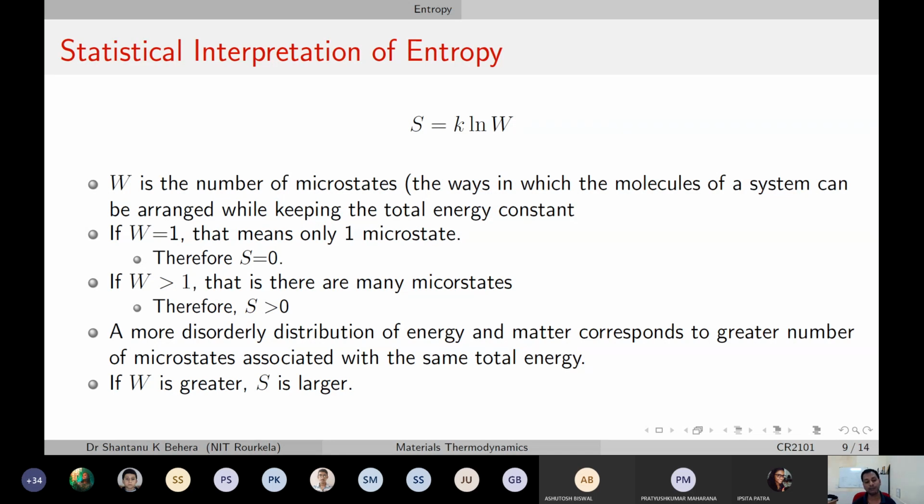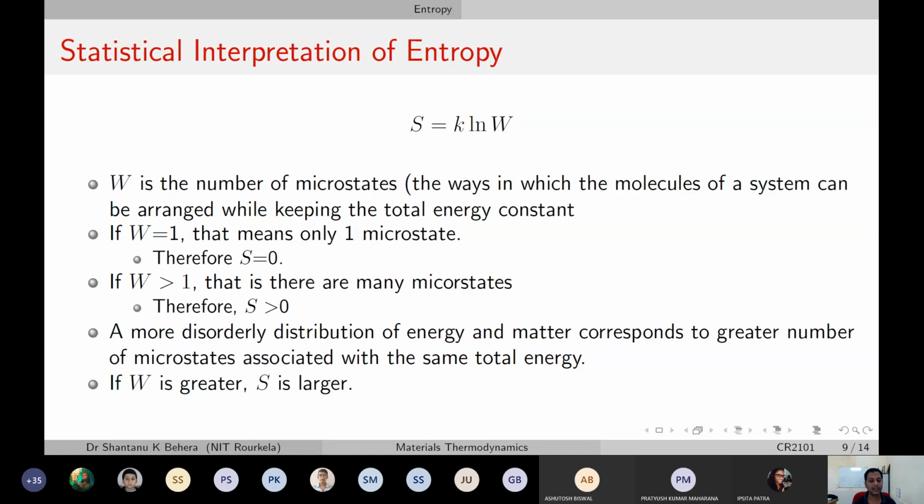There are always more than one microstate for any material that you talk about. When there is a positive temperature, you can prove mathematically that there are many microstates. If W is more than 1, then S is more than 0. That means there is always a positive entropy anywhere in the world, for any material in isolation that you talk about.